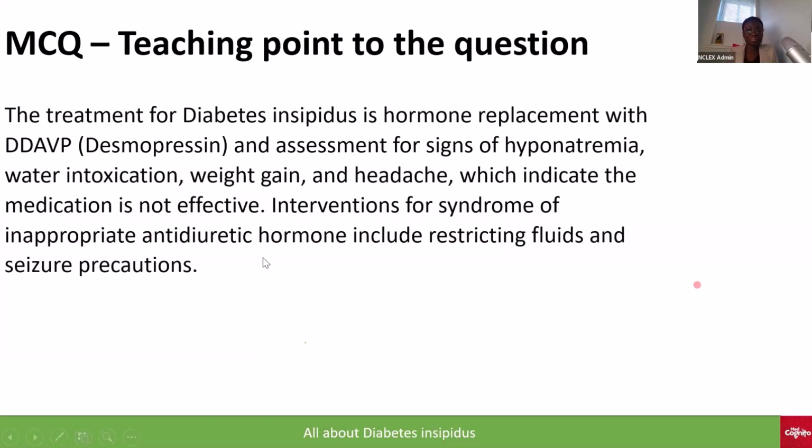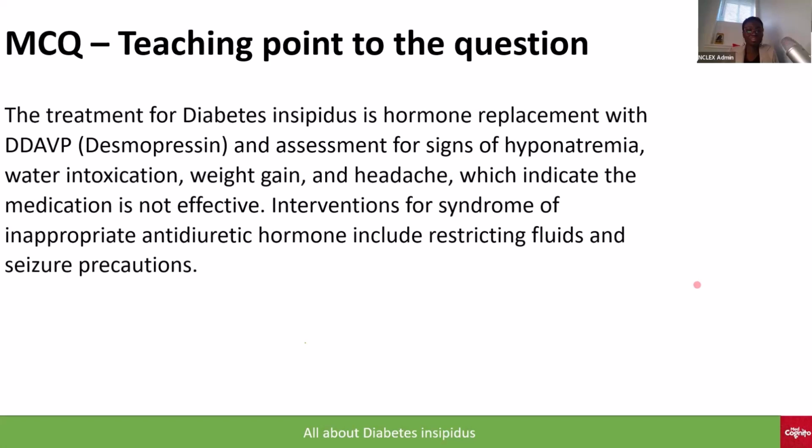So the treatment for diabetes insipidus is hormone replacement with DDAVP, desmopressin, and assessment for signs of hyponatremia, water intoxication, weight gain, and headache, which indicate the medication is not effective.